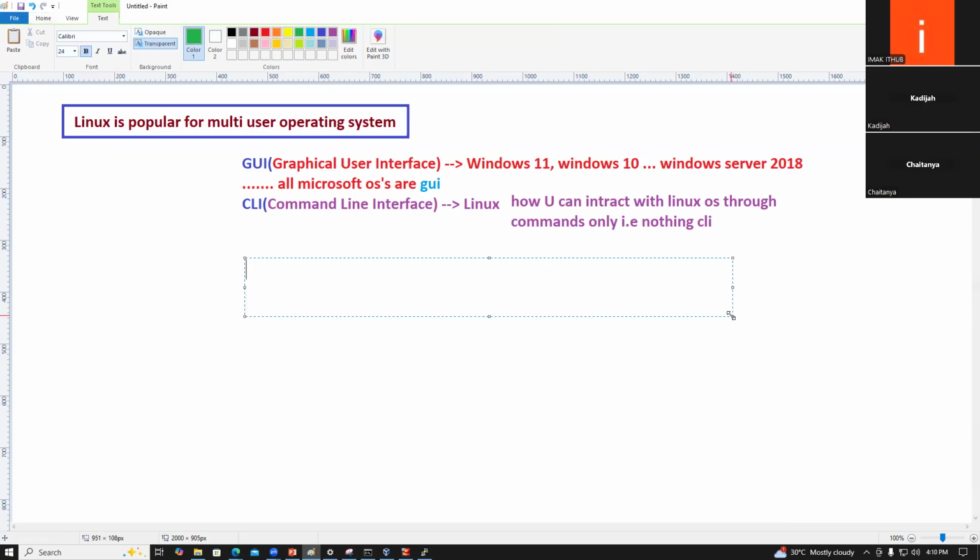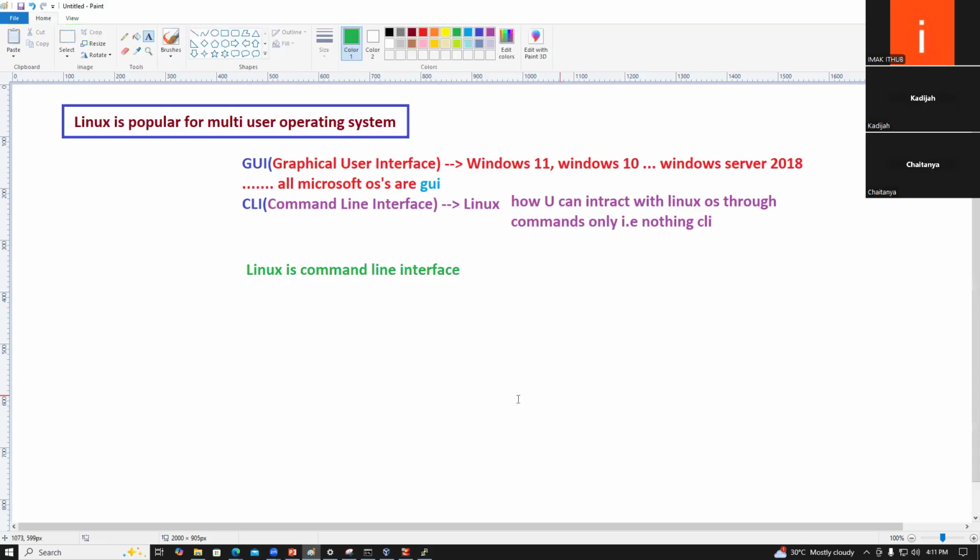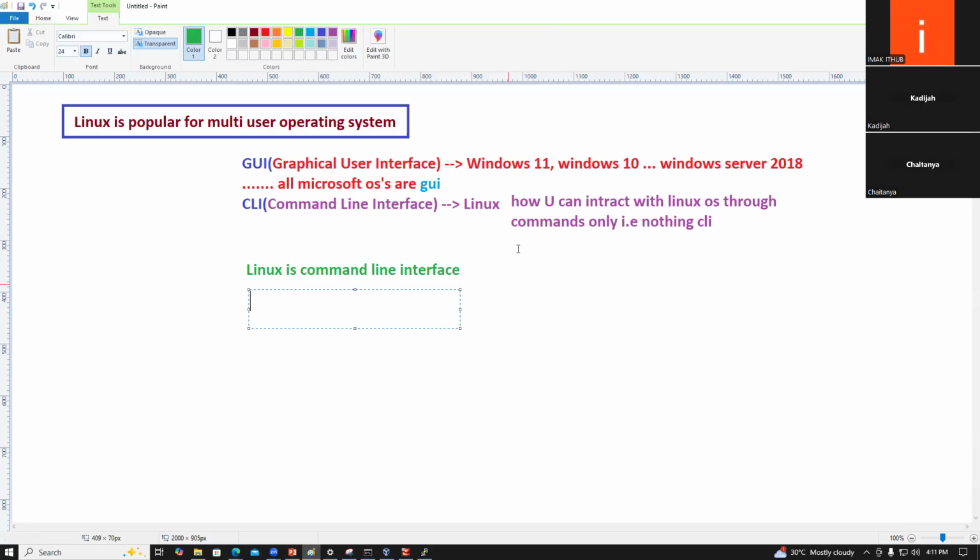Linux is a command line interface, a command line operating system. Windows is a GUI operating system.